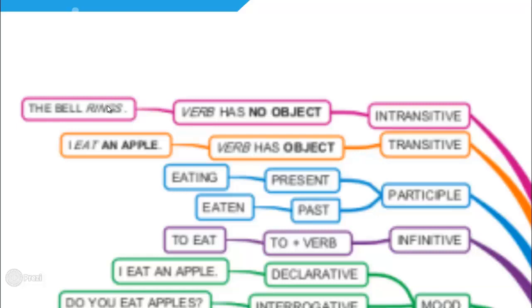So, for example, I die. We don't say, I will die you. We say, I will kill you. In that sense, it would be transitive. Like here, for transitive verbs, we can say that the verb takes or has an object. I eat an apple. So I can see that the action transcends from me to the apple.